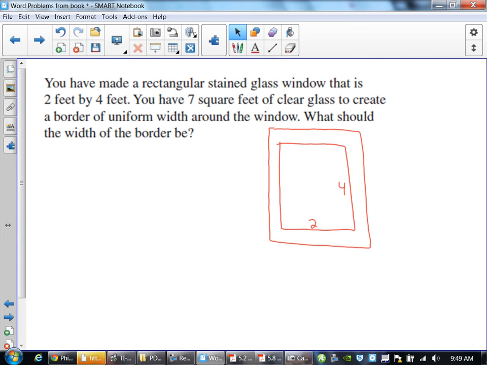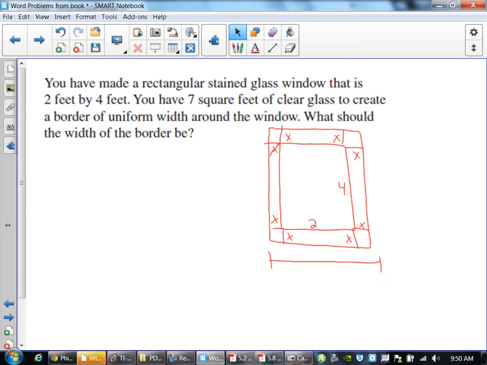So if it's always going to be the same width around, what did I just call that? X. Showing that there's some value x all the way around. Because now, what is the overall width of the picture, including the frame?